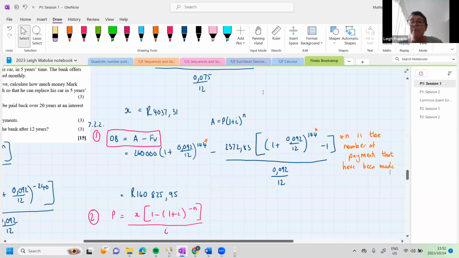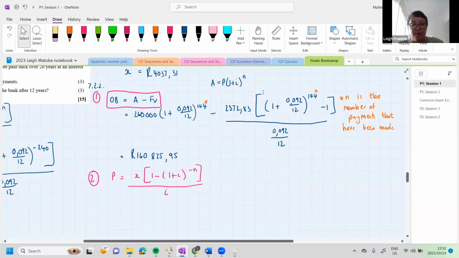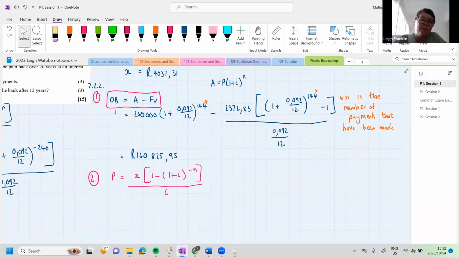N is the number of payments that have been made. Here, if we use present value, it's the number of payments that still need to be made. And I hope that makes sense to you if you understand present value. Because it's the present value of his loan at that time and how many payments he's still required to make in order to fully settle the loan.